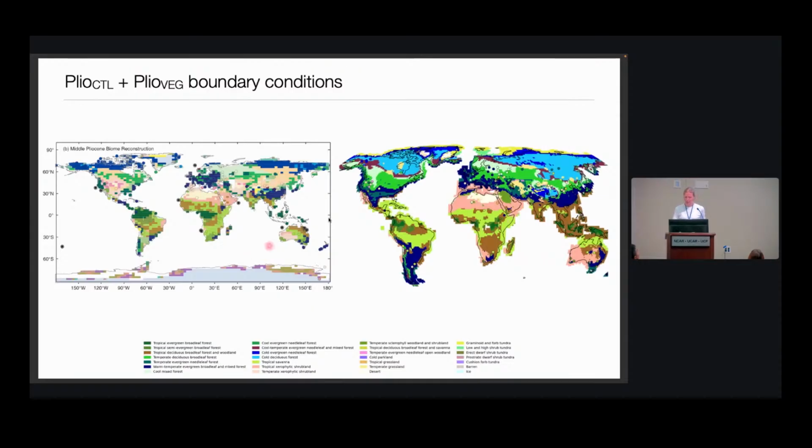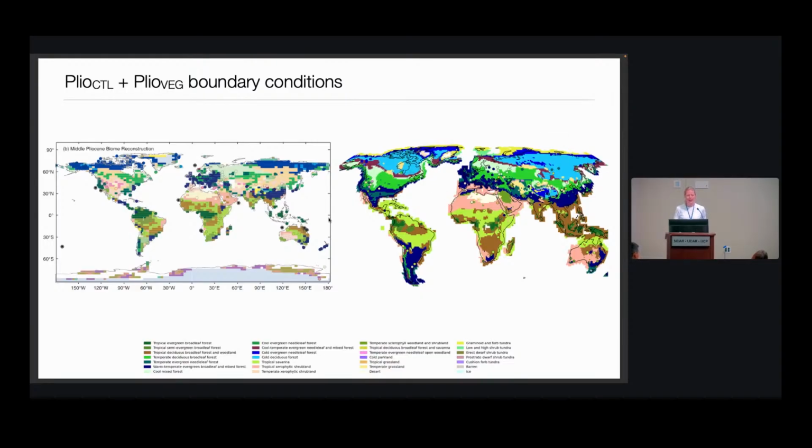So previously, we saw megabiomes. Now over here are the two different vegetation boundary conditions. In the smaller groups, we call them biomes. Sorry, the colors changed. But the big change is this yellow over here, which is grassland from the initial control run, and it changed to this light blue, which is cold deciduous forest.